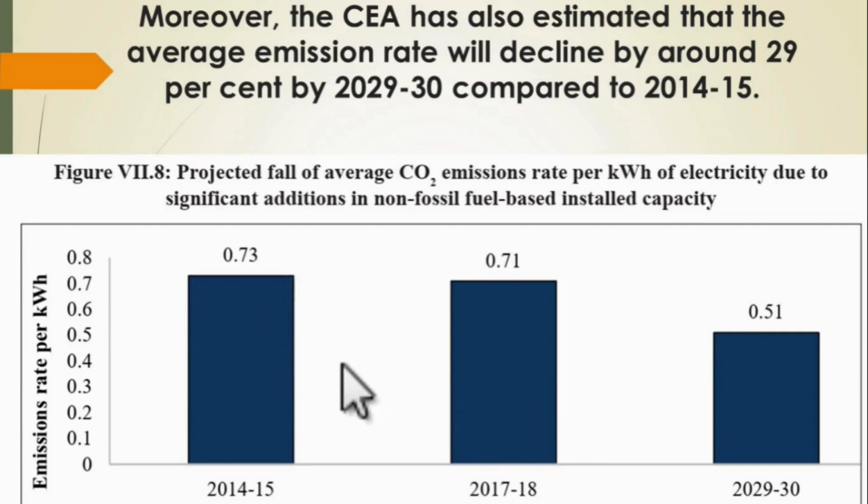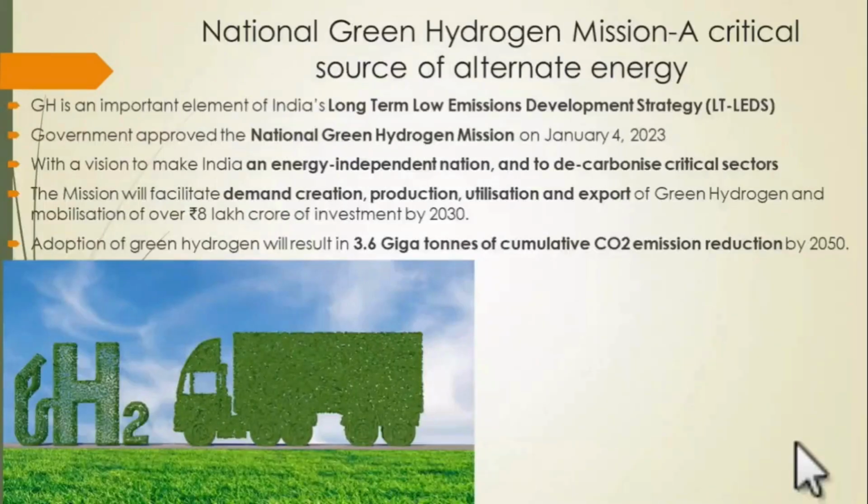In 2014 it was 0.73, in 2030 it is going to be 0.51. So almost 29% less. So 29% less greenhouse gas will be emitted through our electricity production by 2030. Very important again from the prelims point of view.